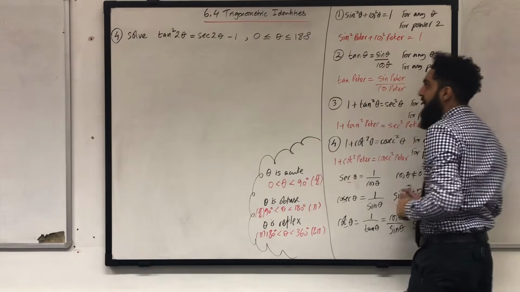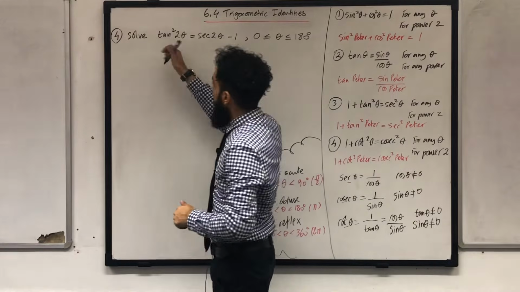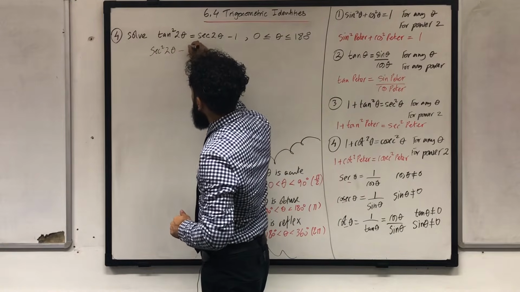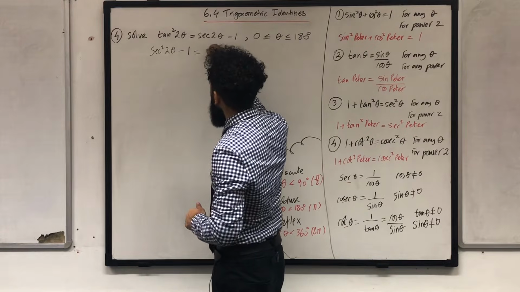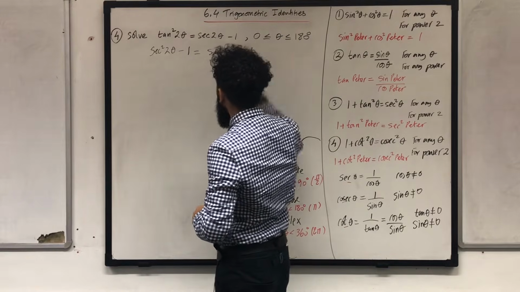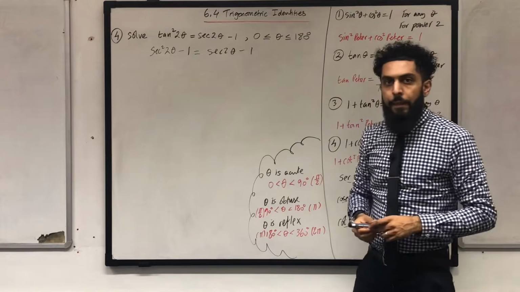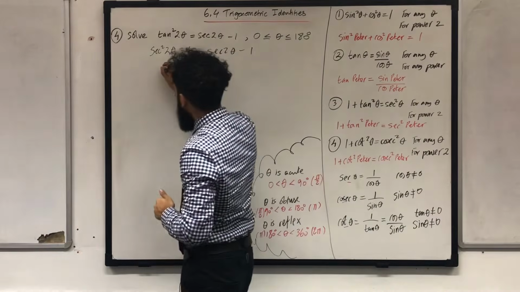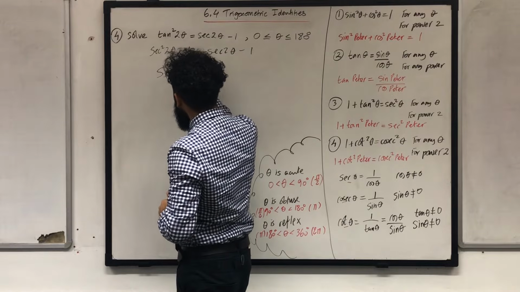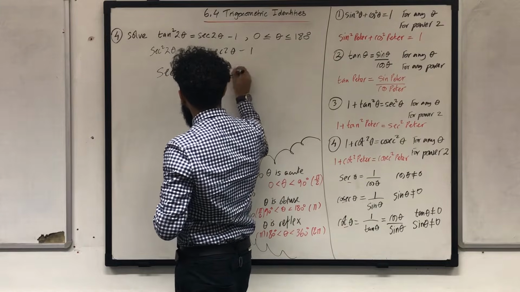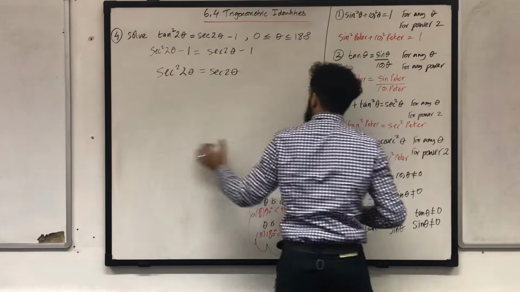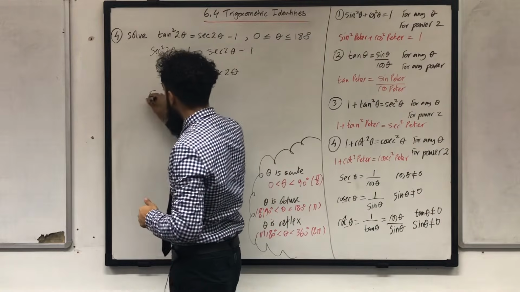So using that identity, I can replace this with sec squared 2 theta minus 1 equal sec 2 theta minus 1. Okay, now the minus 1 on both sides will cancel out, and we have sec squared 2 theta equals sec 2 theta. What I can do is take the sec 2 theta to the other side to obtain the following equation.